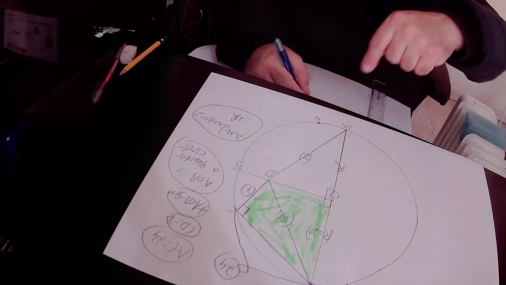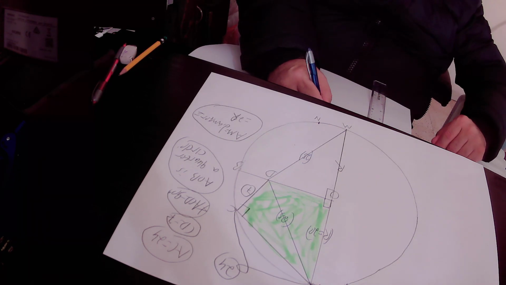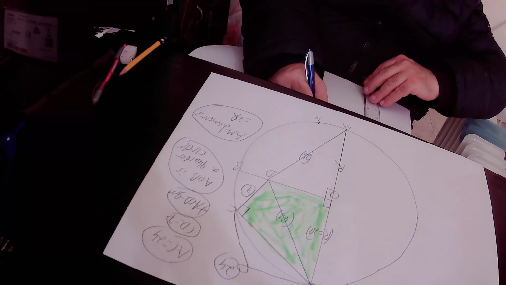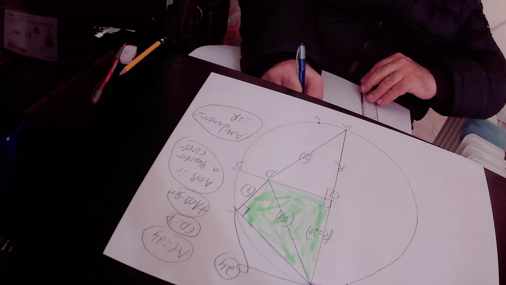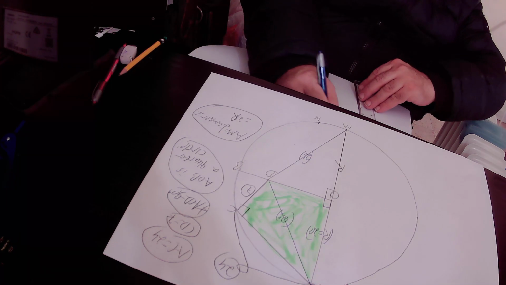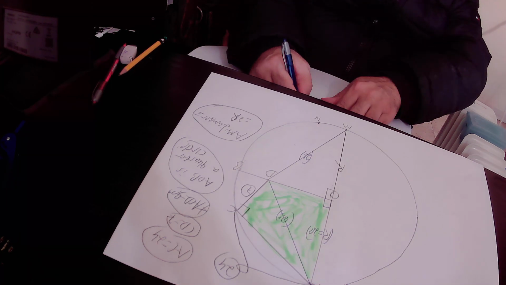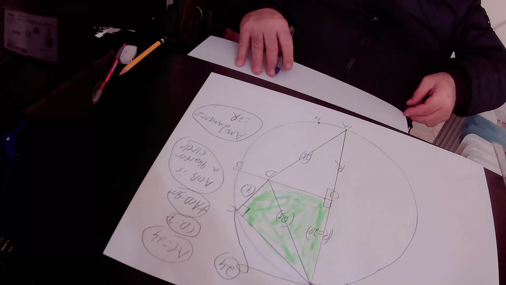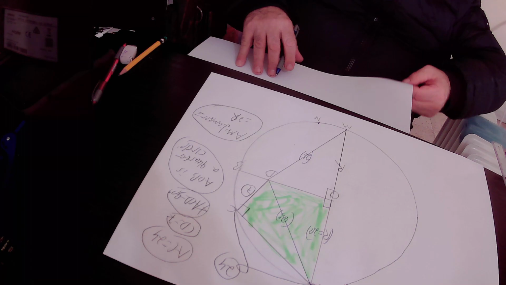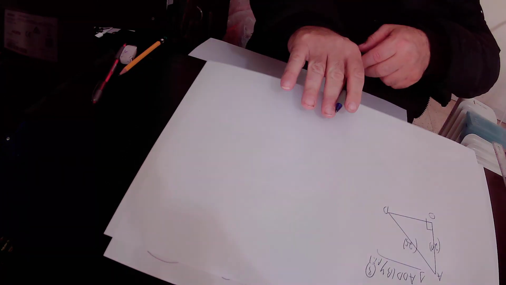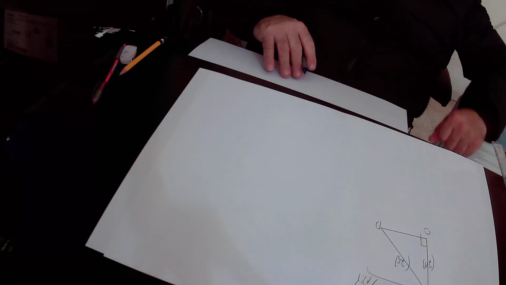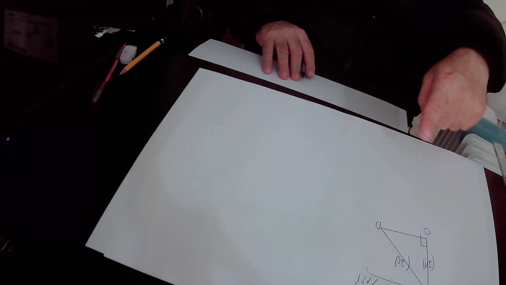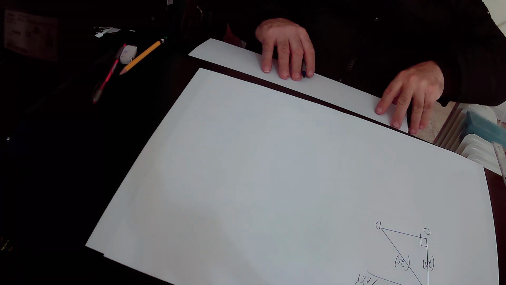The hypotenuse AD equals 25 units. This is the right triangle AOD that I copied from the original drawing. AO equals 20, it is the radius, and AD, the hypotenuse, equals 25 units.